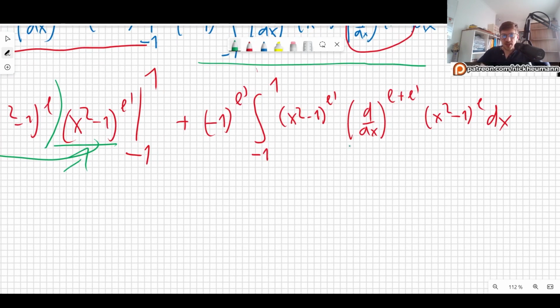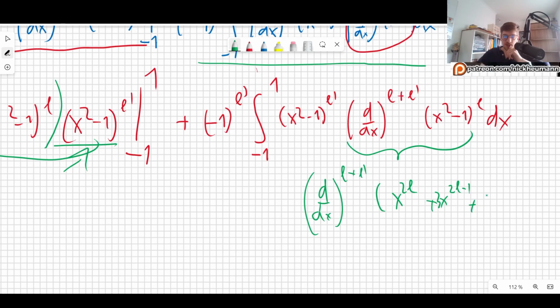The key part to look at is this. What we are doing is taking L plus L prime derivatives of something that is of the order x to the 2L. Right? And then you have some number times x to the 2L minus 1 plus some other number times x to the 2L minus 2 and so on.